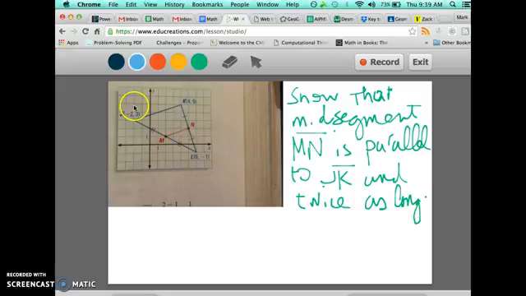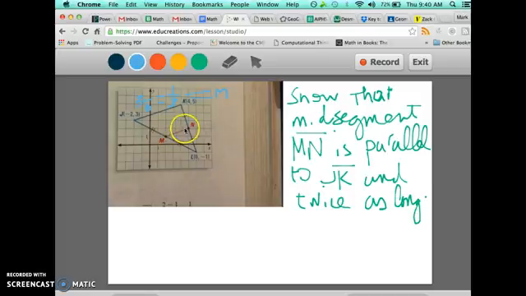It's up 2 over 6. So its slope is 2/6, which equals 1/3. And just to be clear, I'm not talking about the distance, I'm talking about the slope. How steep is it? Well, it's up 1 over 3.